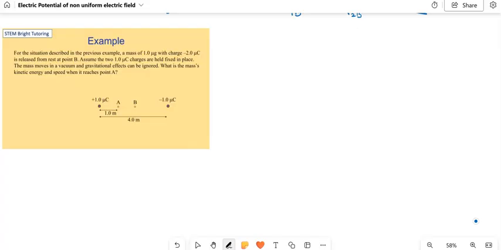What we are going to do here is check the conservation of mechanical energy, because the question said that the object moves in vacuum, there is no friction, and we're going to ignore gravity in this motion. So the only potential that we're going to use in conservation of mechanical energy is the electric potential of the charges generated in this situation.